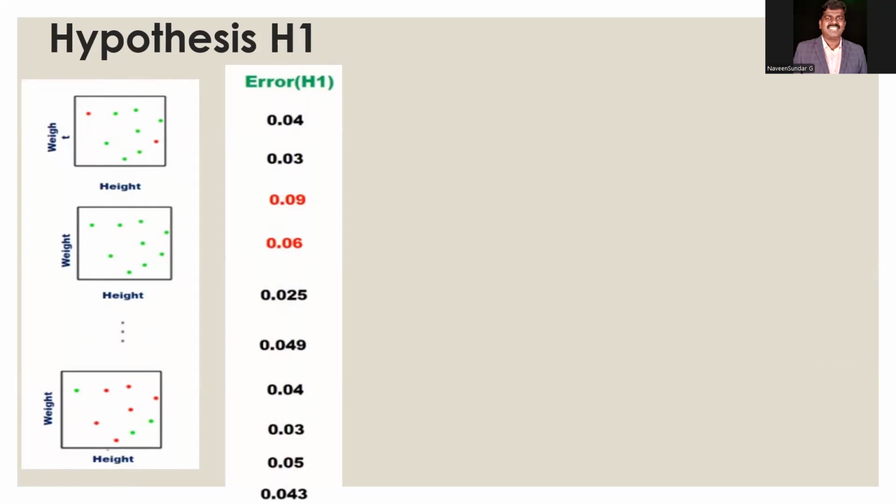We fix the threshold at 0.05, and then we will get the best quality value. Here we can see that 0.09 and 0.06 exceed 0.05. We have fixed the error rate as 0.05, which means whatever exceeds this value will be considered an outlier. And for delta, we are giving 0.20.